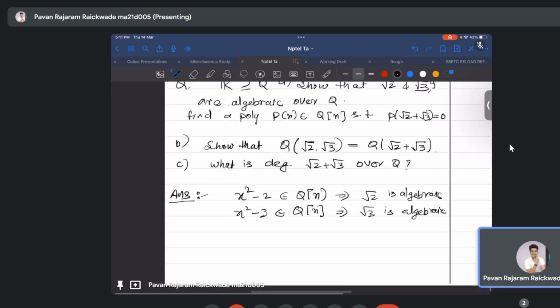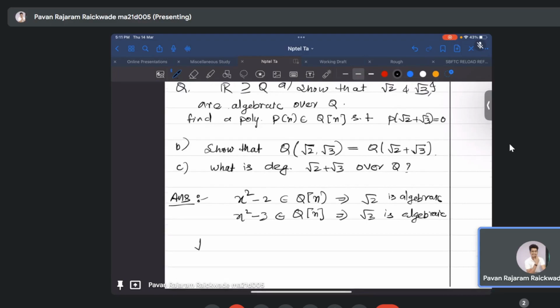What about their sums? If you take root 2 plus root 3 as, let's say, theta, what is it squared? It is 2 plus 2 times root 2 times root 3, plus 3.